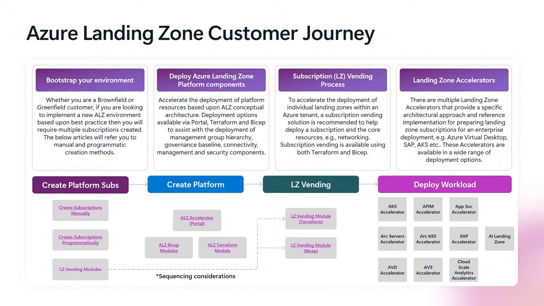And then last but not the least, the landing zone accelerators help you deploy a particular type of workload. It could be AKS, SAP, Oracle, AVD, or in today's case, which we will be discussing, an AI landing zone.